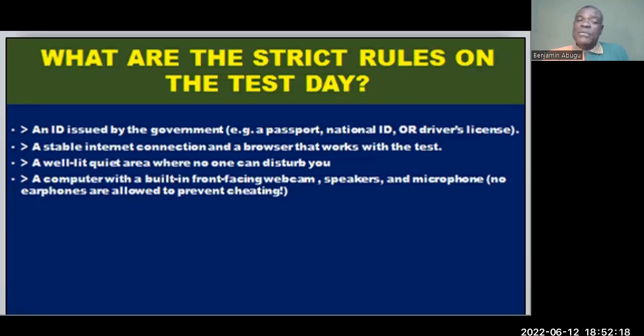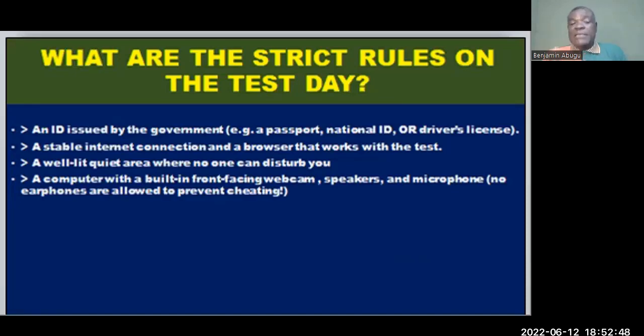Now, another rule, or a requirement, if you like, is a stable internet connection and a browser that works with the test, okay? So, of course, we are going to have a series of practice tests, and I will show you exactly how you get these things fixed, okay? You get them well organized.